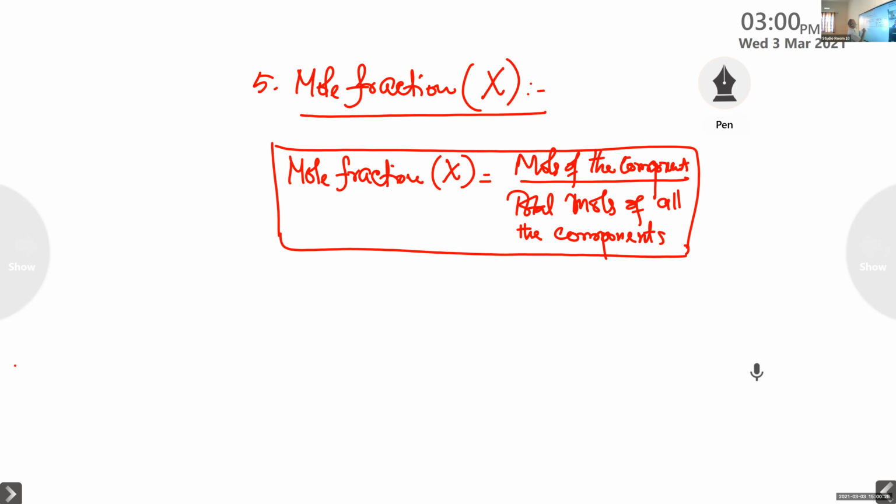So take a binary solution with the number of moles of each component n1 and n2.